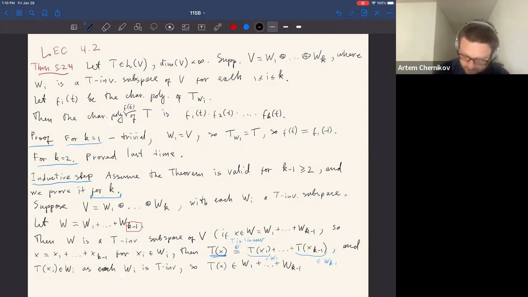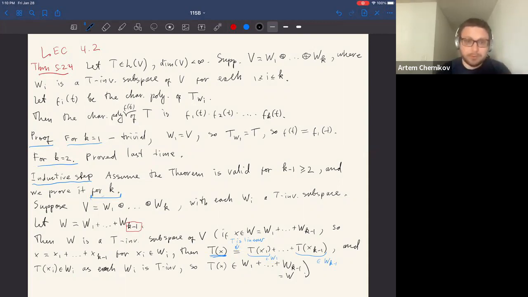So this still belongs to the sum, and the sum is equal to W, okay? So we just use linearity of T to conclude that the sum of the first k minus 1 subspaces is itself a T invariant subspace, all right? So we have this for W, okay?